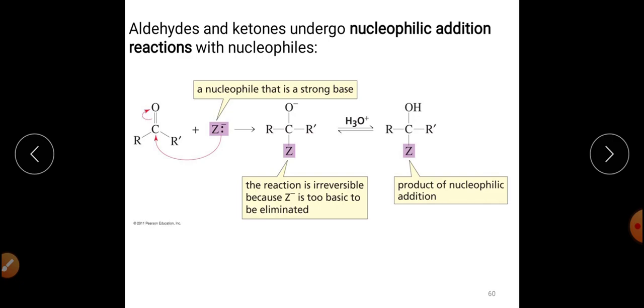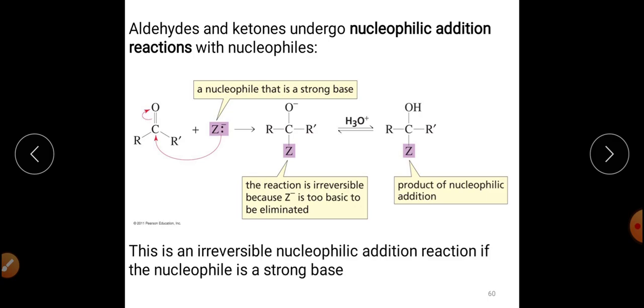Instead, the compound will undergo nucleophilic addition reaction, and this is a nucleophile. This will attack the carbonyl carbon and will form this alkoxide ion, and then finally that will accept H positive from the solvent and will get converted into product, and this is the nucleophilic addition reaction.